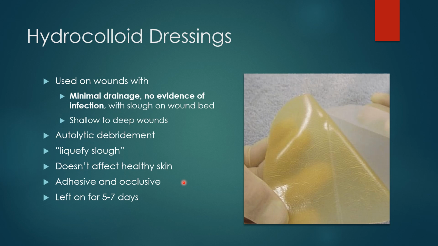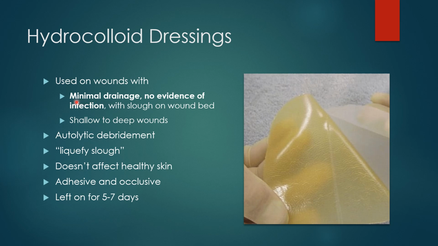We just need to be a little bit cautious with these dressings, as when they do absorb some drainage, the drainage itself can be made to look kind of like a purulent drainage. It's just because of what this dressing is made out of. When it does get moistened, it does turn into a purulent-like residue, which is why we need to be very careful when using this with a patient with infection.